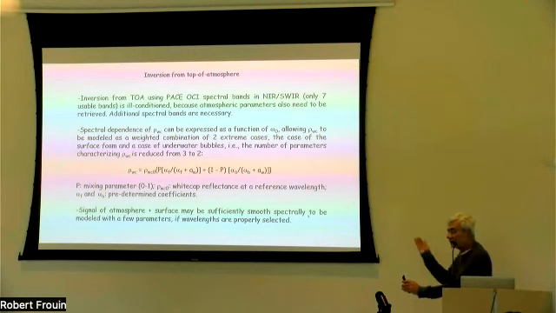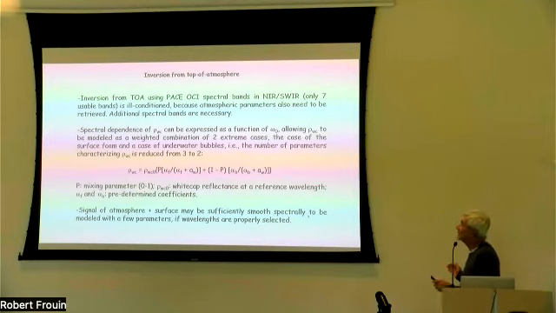So you may think about a modeling as a function of 2 extreme cases: a case of the surface foam and a case of underwater layers, and using a mixing parameter here.